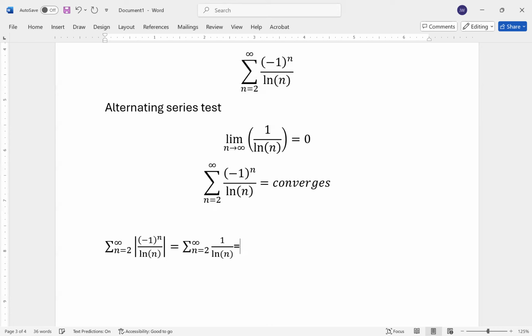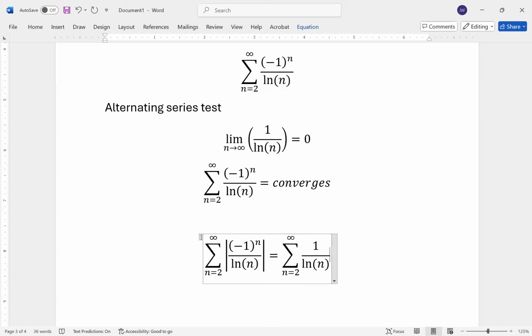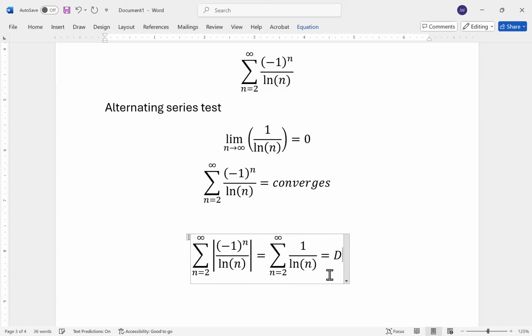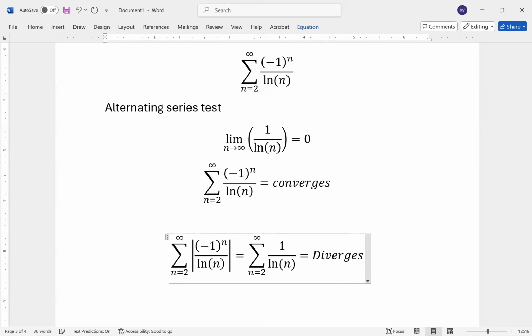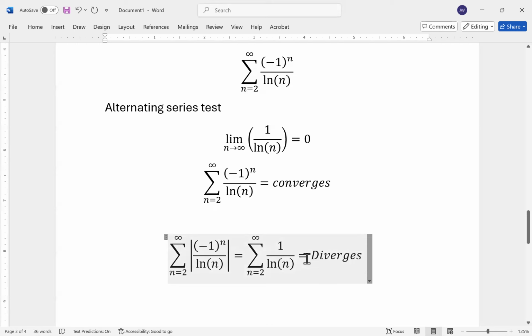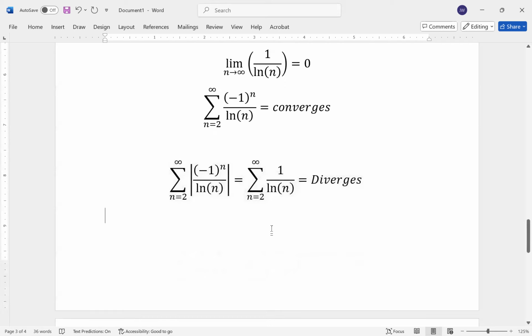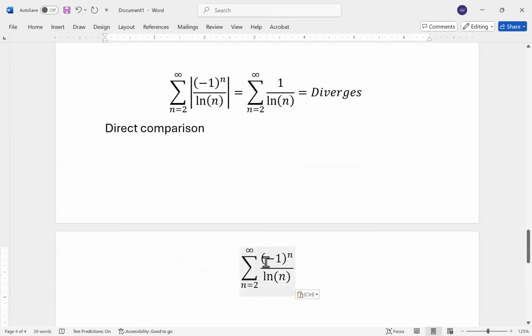Now this thing diverges. One way to see that is by a direct comparison test to the infinite series 1 over n.